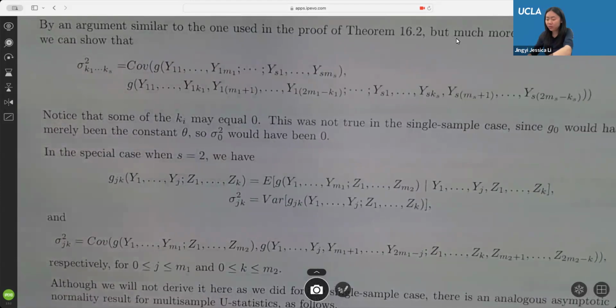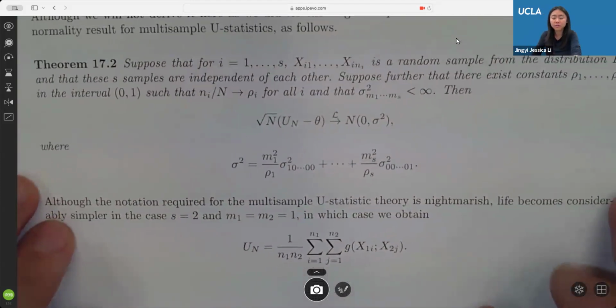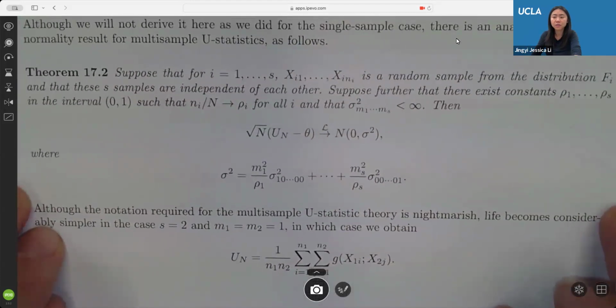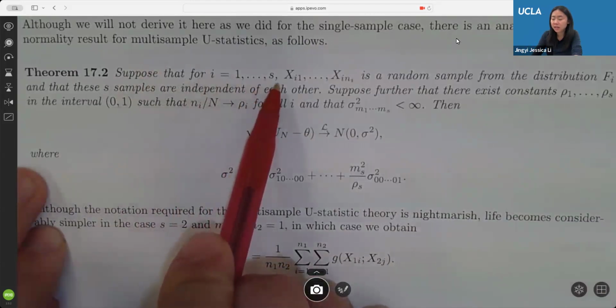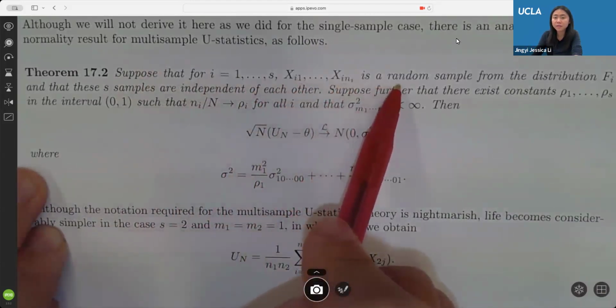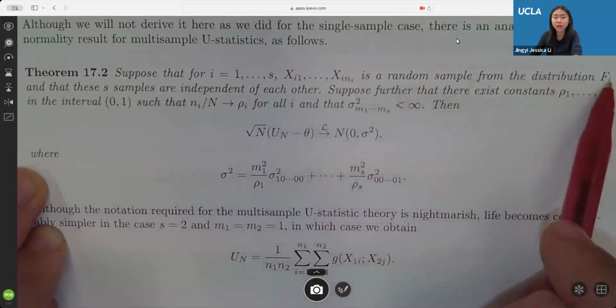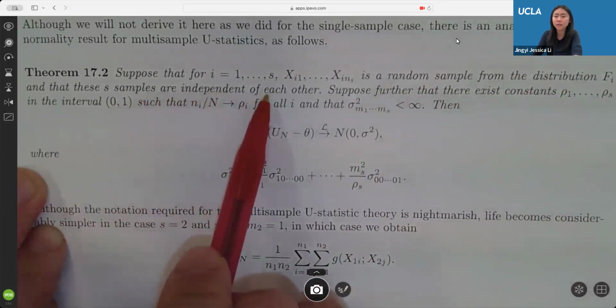Coming back to the theorem, this is the important result for such an S-sample U statistic. Suppose that for sample i from 1 to S, xi1 to xini is a random sample from the distribution Fi, the i-th sample, and that these S samples are independent of each other.